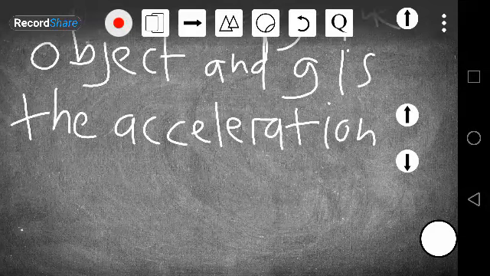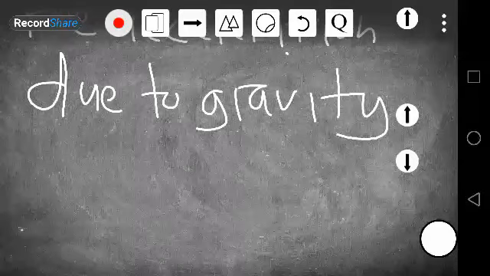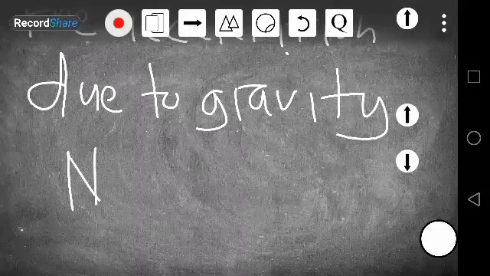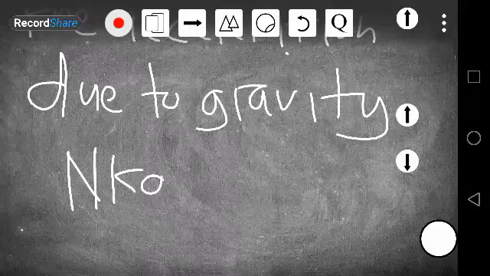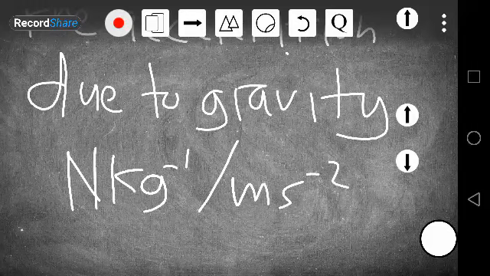So this acceleration due to gravity g is measured in newtons per kg, or meters per second squared. You know the units for acceleration.